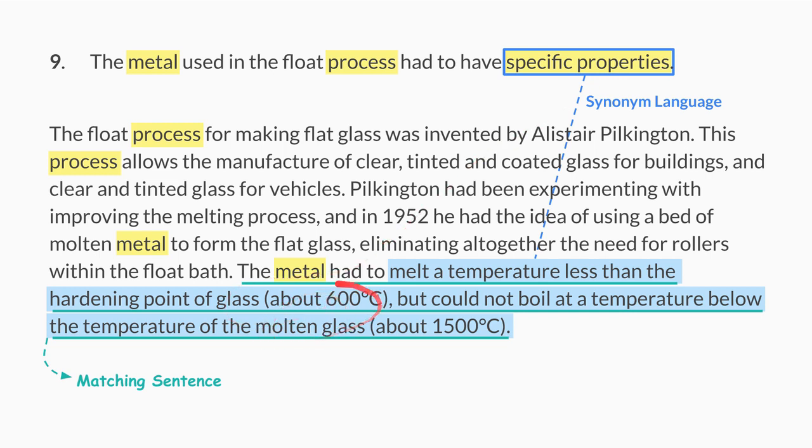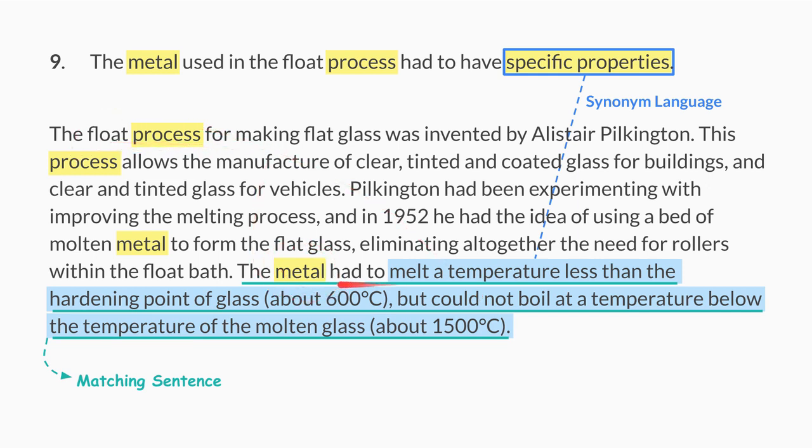So here in the reading passage, it says the metal had to melt at a temperature less than the hardening point of glass, which is about 600 degrees Celsius, but could not boil at a temperature below the temperature of the molten glass, about 1500 degrees Celsius. Well, it seems to me that this is important. These specific properties are very important for the float process.